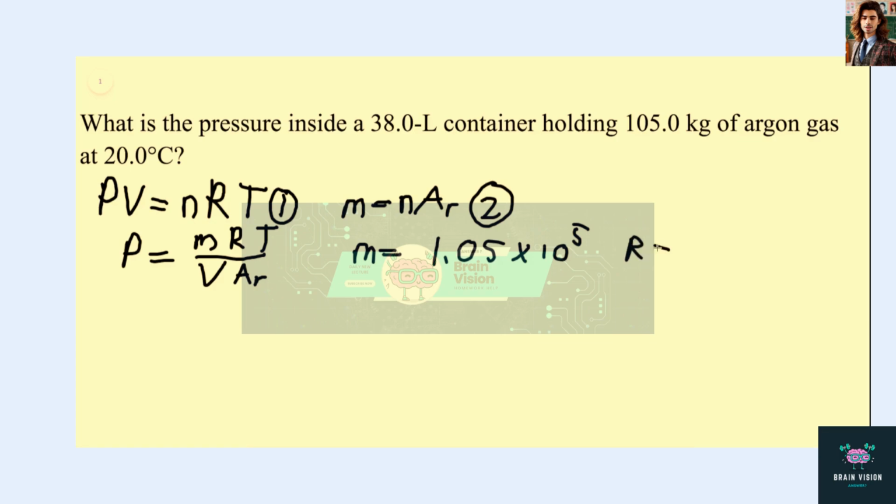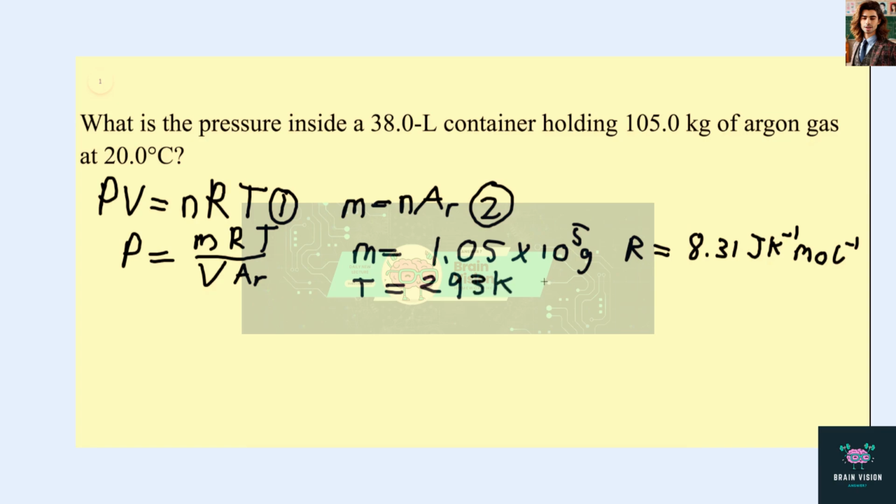R is equal to 8.31, and our units in this case are joules per Kelvin per mole. Temperature is 20 degrees Celsius, so in terms of Kelvin, that's 273, which is absolute zero, which is 0 degrees Celsius, plus 20, so 293 Kelvin.